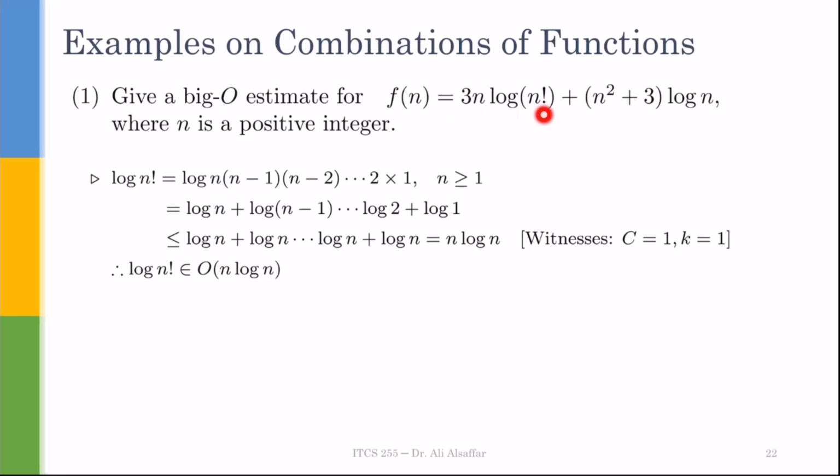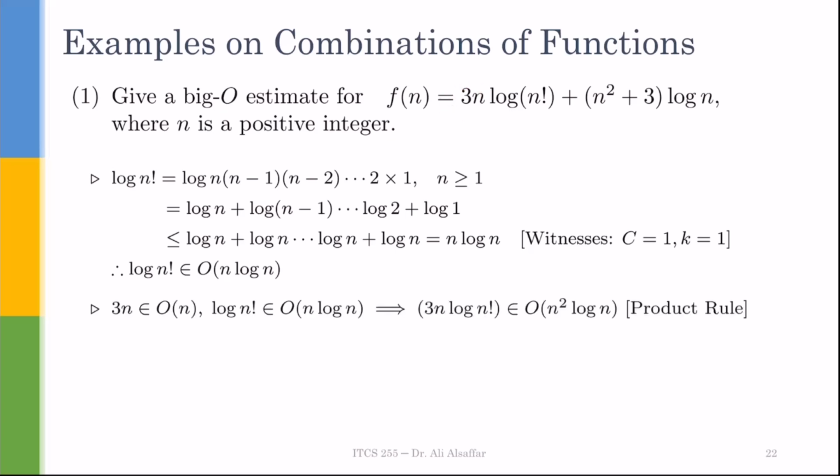Now let's go for this part first of the function and find the order of these individual parts together. First, we have 3n belongs to big O of n. According to the polynomial theorem, 3n belongs to big theta of n, and since it belongs to big theta of n, then it belongs to big O. And also we have a proof that log n factorial belongs to big O of n log n.